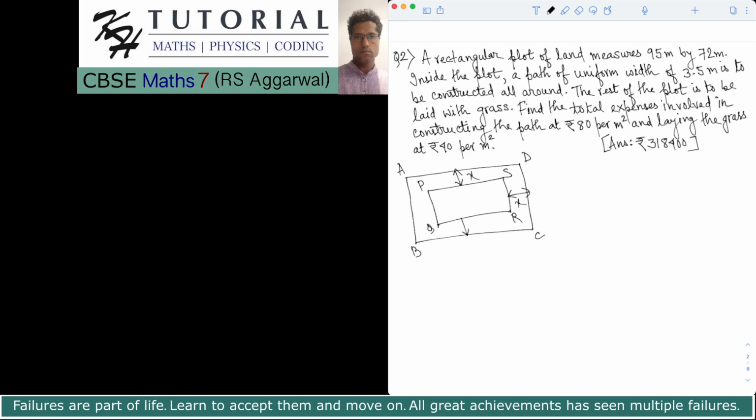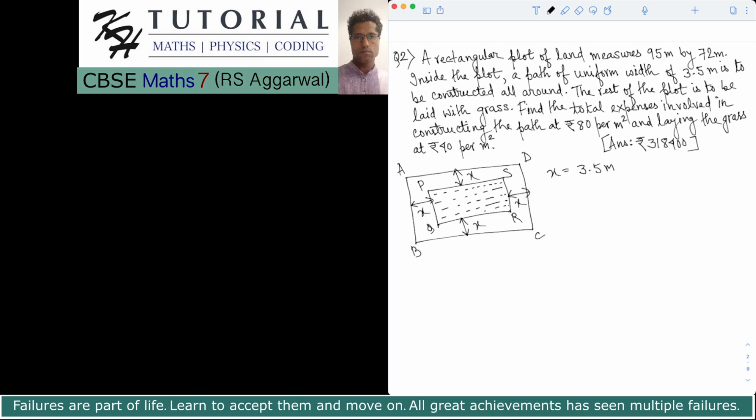As you can see, this part is grass. This area, that is the area of the rectangle PQRS, is the area of the grass. The value of x is given to be 3.5 meter.